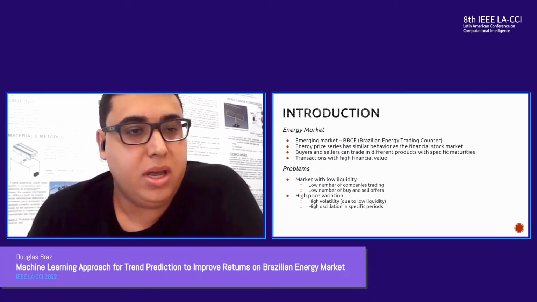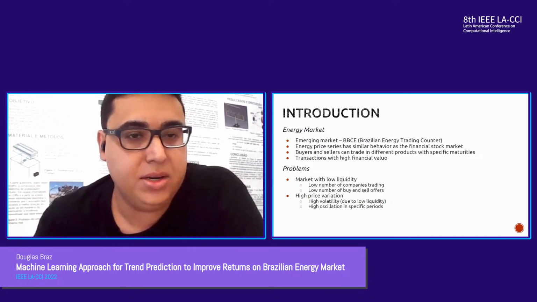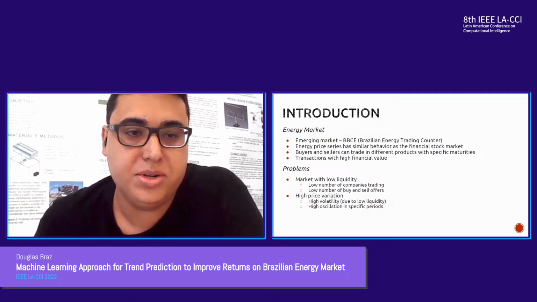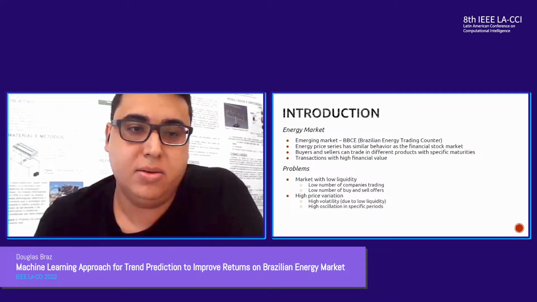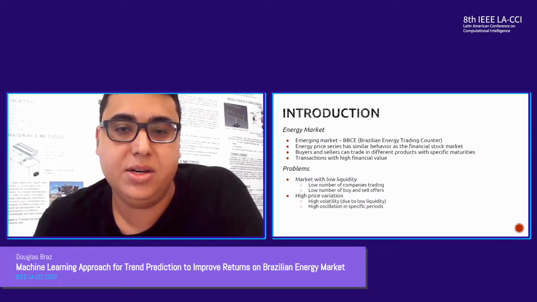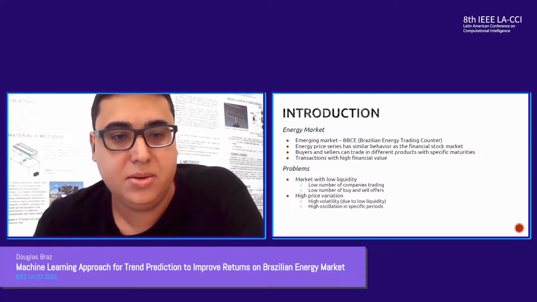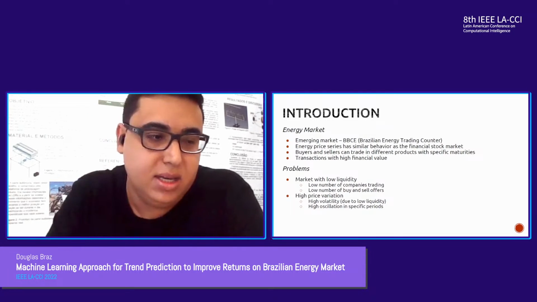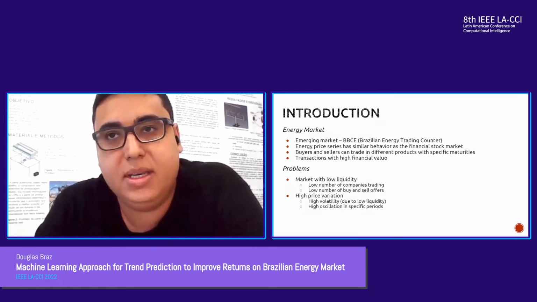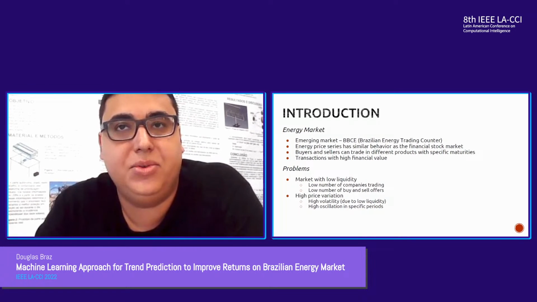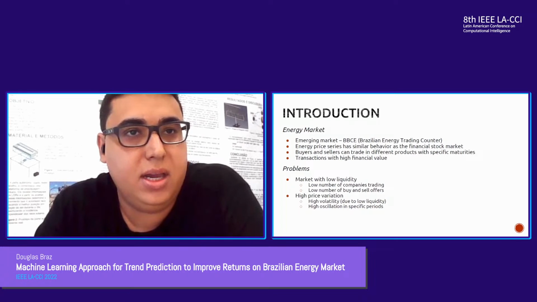From the beginning, we have the energy market here in Brazil, which is an emerging market ruled by the Brazilian Energy Trading Counter, the BBCE, where companies can buy or sell energy.